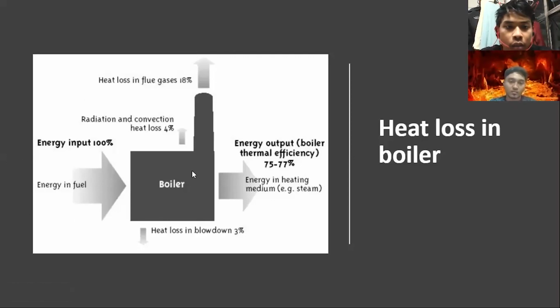In the boiler, there will be heat loss such as flue gases at 80%, the heat loss in radiation and convection at 4%, and the heat loss in the blow down at 3%. Therefore, the energy output for the boiler will be only in the range of 75 to 77%, which is the energy in the heating medium, such as steam.